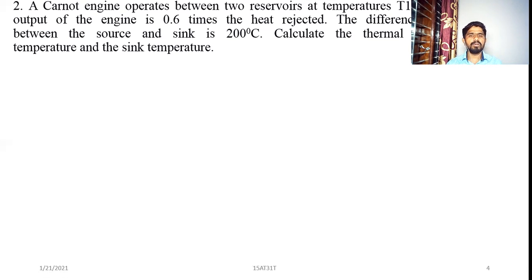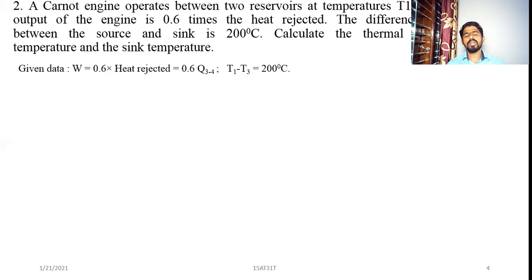There are 3 unknowns. Now write down the given data. What has he given? W is equal to 0.6 times the heat rejected. The work output of the engine, W, is equal to 0.6 Q34.